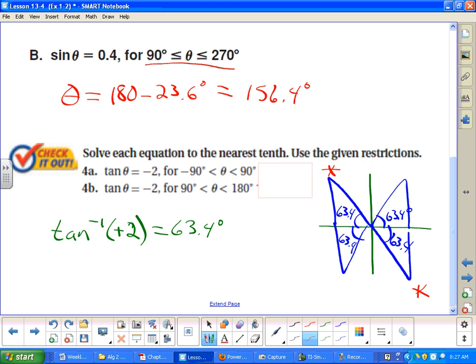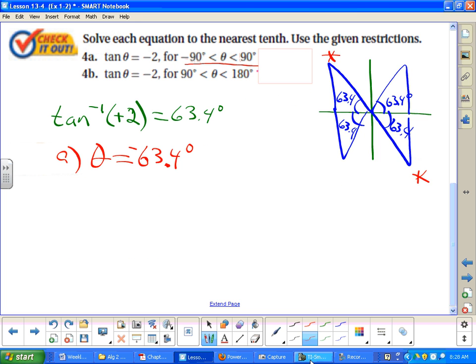So for letter A, the restriction is between negative 90 and 90. So if we're in the fourth quadrant then, okay, so we're talking about the first and the fourth quadrant, we go from negative 90 to 90, then that means that my angle then for letter A, theta will be equal to negative 63.4. Because I'm just going to use the negative of the angle, not subtract it from 360, because it says between negative 90 and 90.